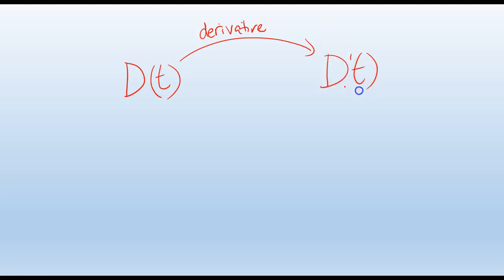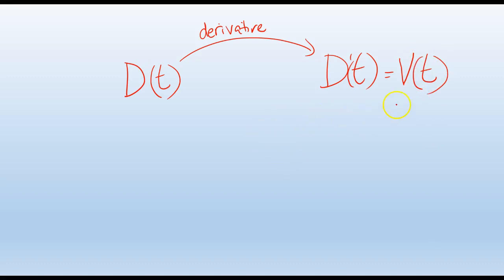So as a recap, if I've got a function, so my distance time function, and I find the derivative of that, I get the derivative function, which, if it's a distance time one, it's a function of the rate of change. It gives me a velocity time function.